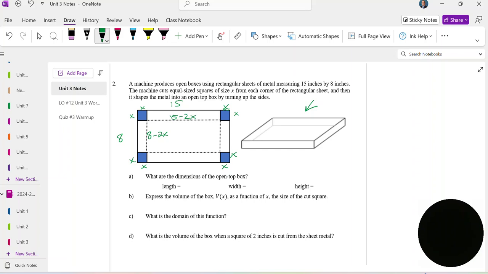So the length, you'll say, is 15 minus 2x. The width is 8 minus 2x. And then the height is just x, right? Because the height is just what you fold up. The volume, remember, is length times width times height. So the volume is equal to 15 minus 2x times 8 minus 2x times x.